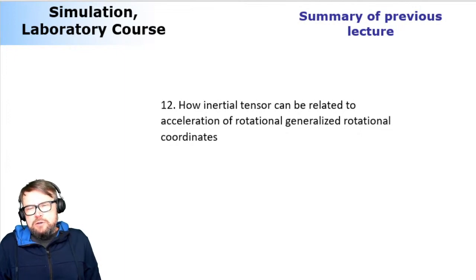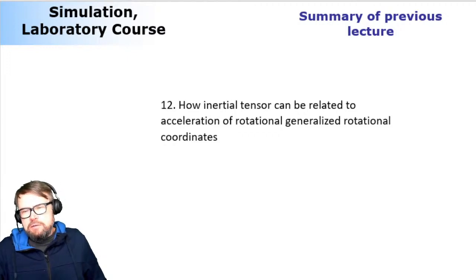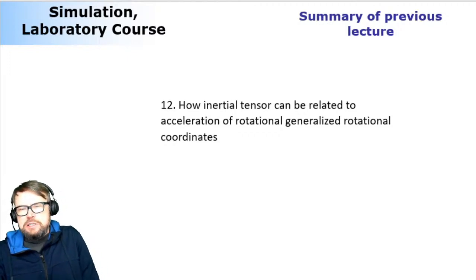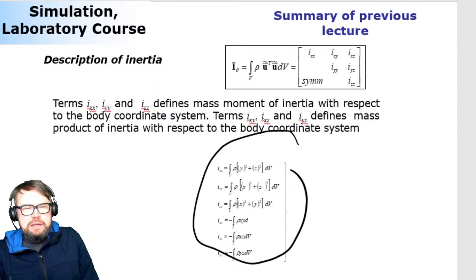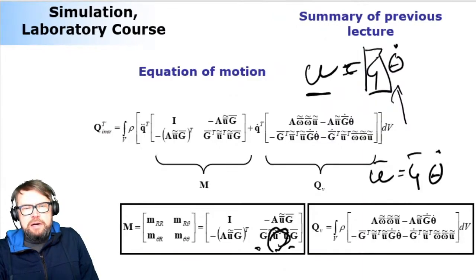How can the inertia tensor be related to the acceleration of generalized rotational coordinates? This should be taken off. Okay, this is how it goes. This is the inertia tensor, and the mapping can be carried out with the help of the G matrix as shown here.